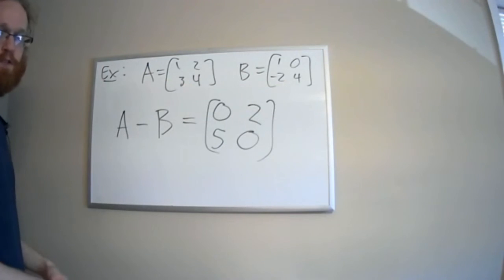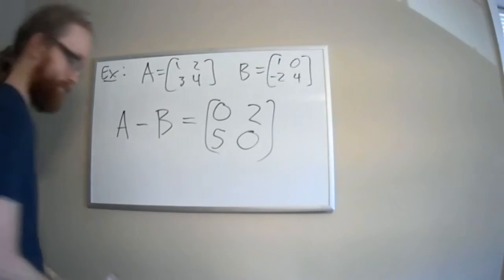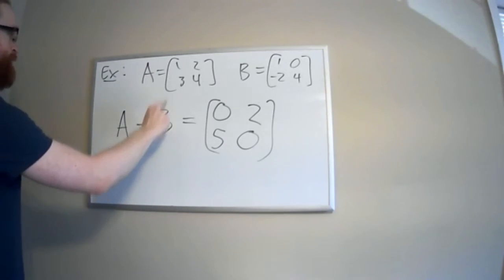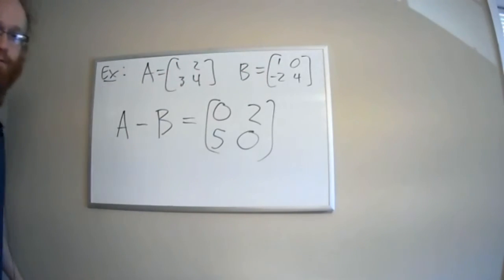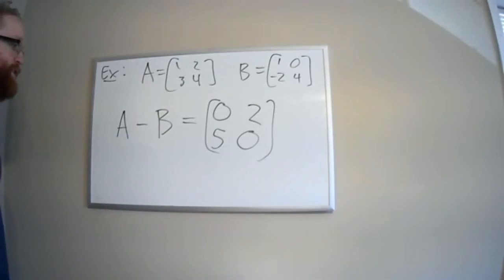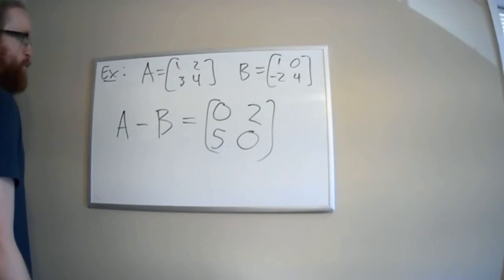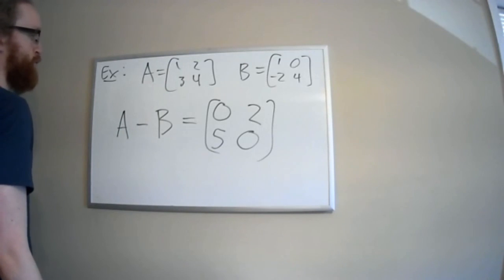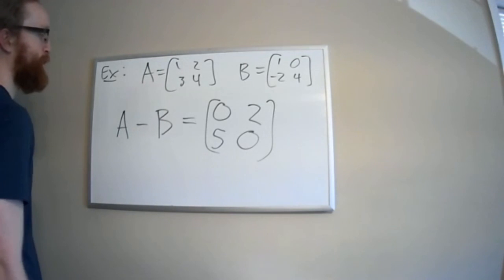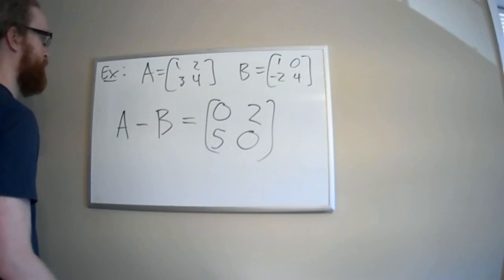So I can subtract matrices in the same kind of way that I added them. Just note that the order mattered here. I did A minus B, so I should take these and minus these, right? The correct order. Okay. So that's addition and subtraction of matrices. It works the way that, if I told you to make up a definition for me of addition of matrices, this is probably what you would come up with. That's how I would want it to work.